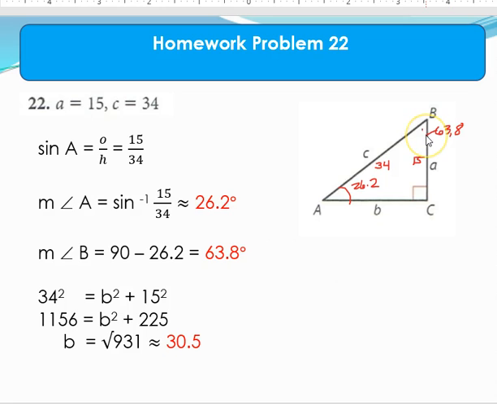This leaves us with our side to solve, and this side is a leg, so the hypotenuse squared equals the sum of the squares of the sides. So 34 squared equals b squared plus 15 squared. B equals the square root of 931, which is approximately 30.5.